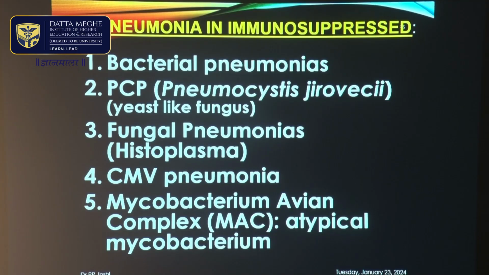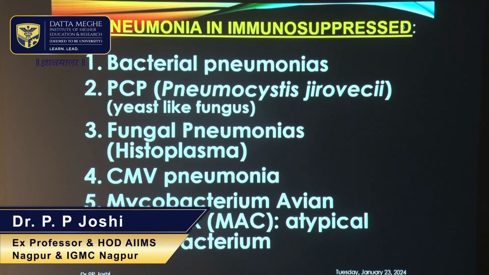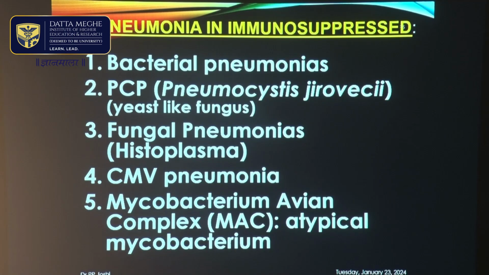Then we have other infections like fungal pneumonias caused by histoplasma, cytomegalovirus pneumonias, and Mycobacterium avium complex, which is an atypical mycobacterium. These are responsible for causing pneumonia in patients who have AIDS, in which the CD4 count has dropped below 50.